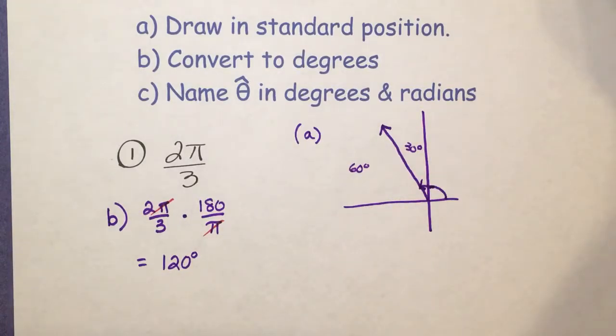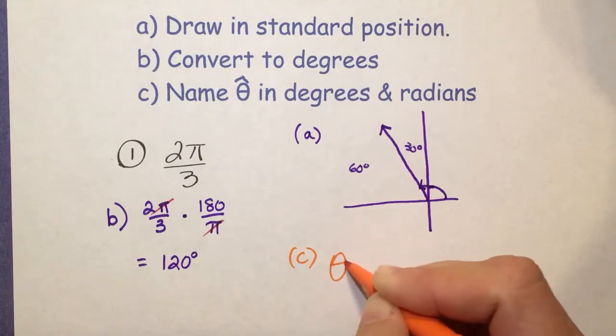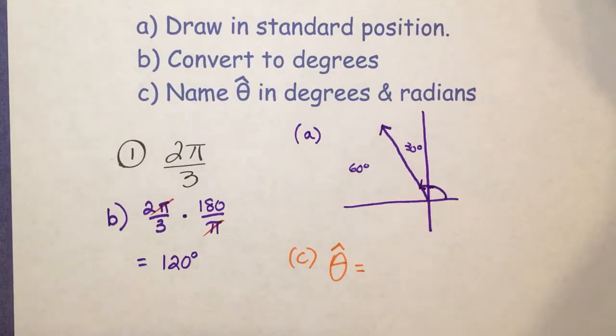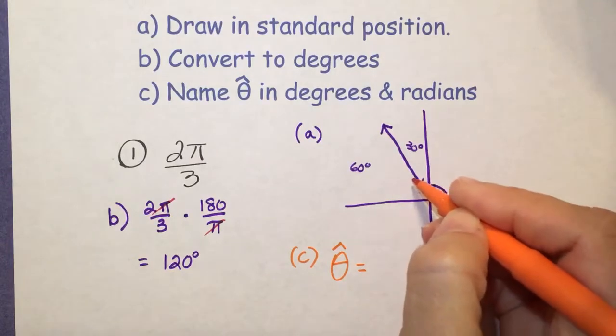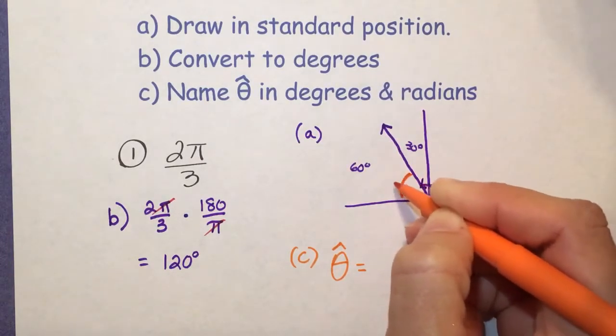Okay, so then C part is to name your reference angle. Now again, reference angle is the acute angle that is between the terminal side and the x-axis. So the terminal side and the x-axis would give you this portion here.